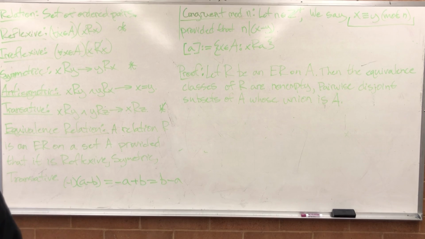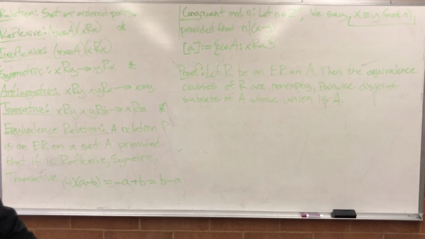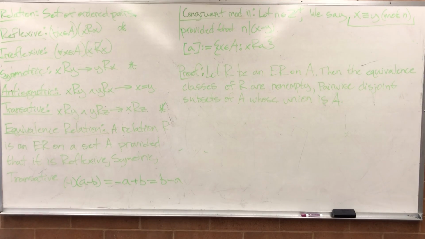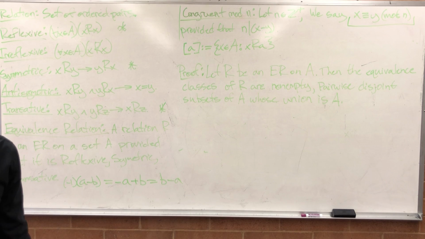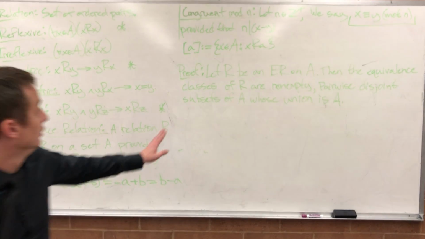So that ends the first section, and then the second section, very related, is on partitions. Let A be a set. A partition on A is a set of non-empty, pairwise disjoint sets whose union is A. Look at this definition here.